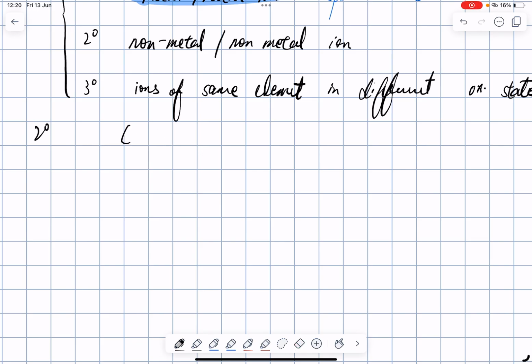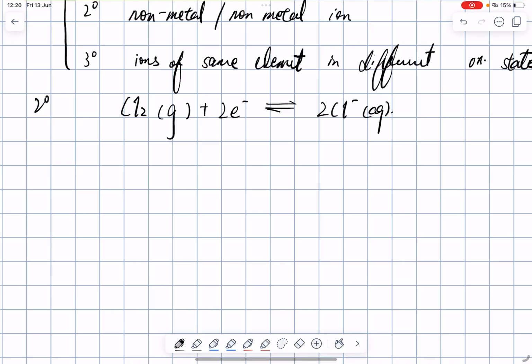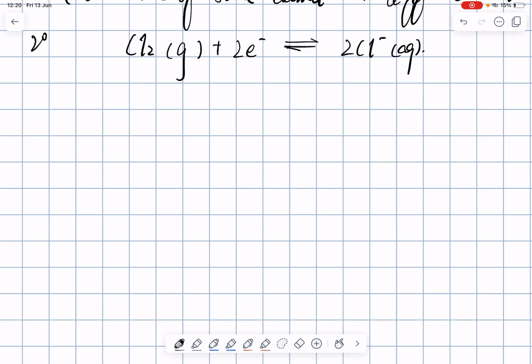Chlorine gas plus 2e⁻ gives 2Cl⁻(aq), and we just do it like how we assemble the standard hydrogen electrode, like this. Here is the platinum.